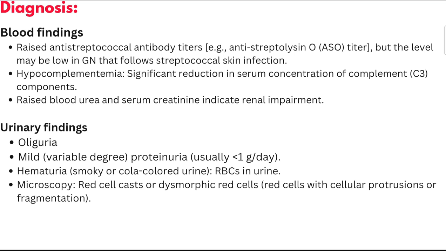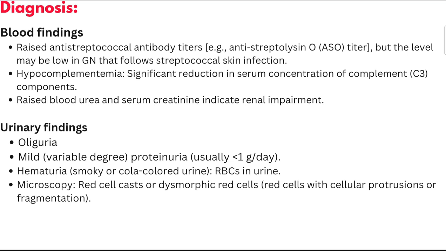When discussing the diagnosis of glomerulonephritis, it's crucial to focus on both blood and urinary findings. Firstly, let's highlight the blood findings. Raised anti-streptococcal antibody titers such as anti-streptolysin O titer are indicative, although they might be lower in cases following a streptococcal skin infection.